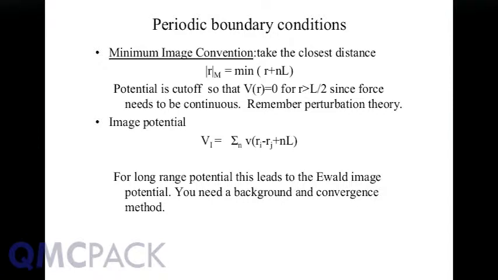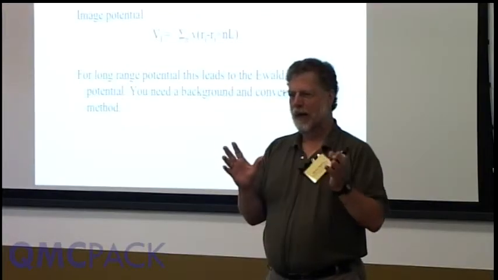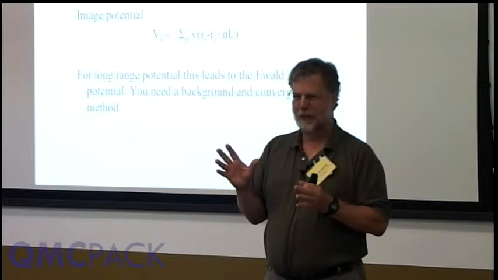If we're doing a solid state system, silicon, a metal, whatever, where we're trying to model an infinite system, we always use periodic boundary conditions. If you're doing a molecule, you put a molecule in a vacuum, that's fine. Why do we use periodic boundary conditions?